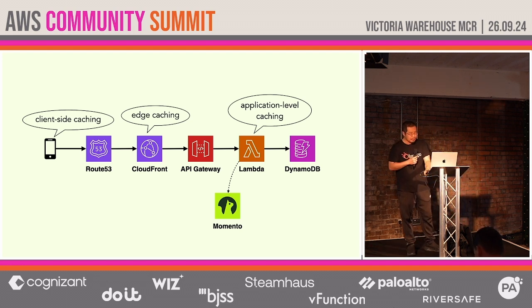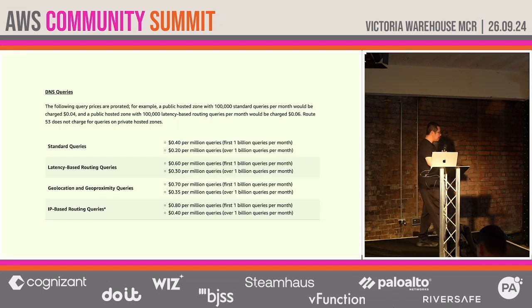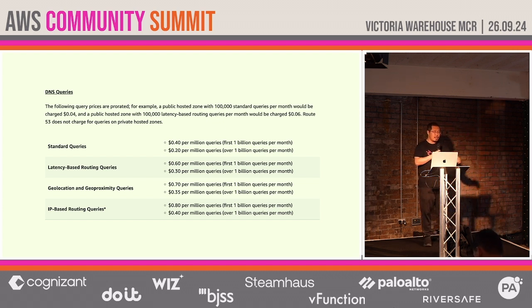And speaking about caching, another thing to think about is your Route53 TTL, time to live, not timeout, sorry. Because Route53 charges you based on the number of DNS queries that someone makes. And if you use the default TTL, which is about 5 minutes, the same user or client may be making multiple DNS queries across the entire session.